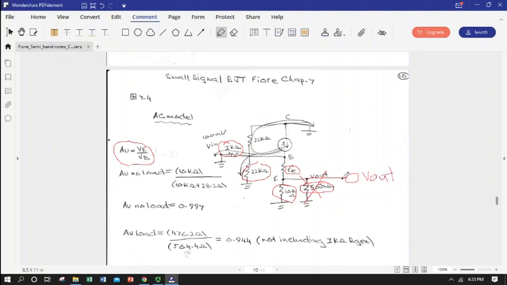Okay, so in that case, V sub E is just going to be the collector current times this resistor. So up here, and of course V sub B is that same collector current times 10K plus R sub E. So almost 1, just shy of 1.